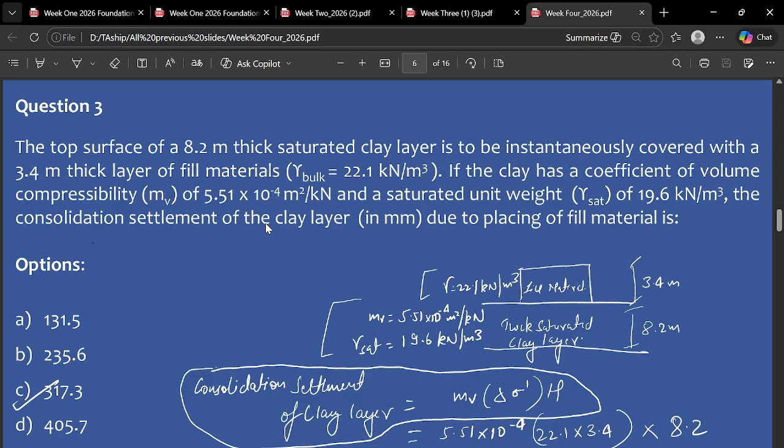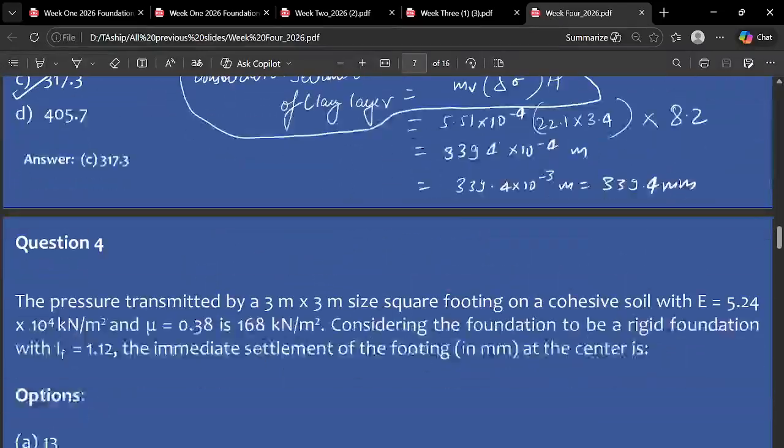And also if you have the initial depth of the soil layer, then you can calculate the consolidation settlement by taking into account the coefficient of volume compressibility, which tells you how compressible your soil is. By utilizing that parameter you can calculate how much is the consolidation settlement of the clay layer.